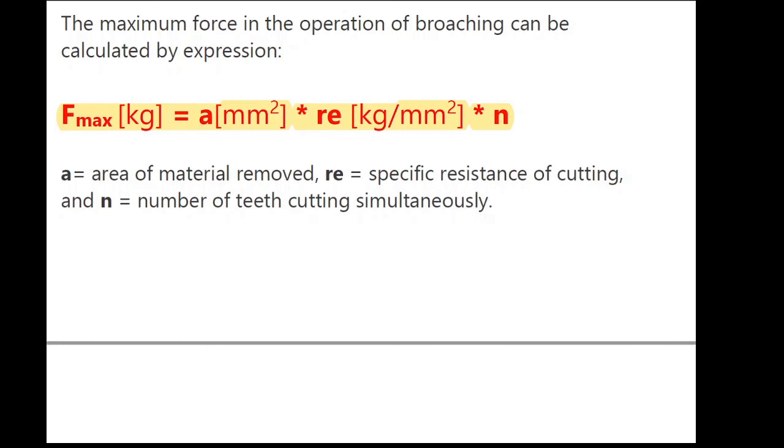The specific resistance of cutting is the force required for removing unit area of the material. It is always multiplied with the area of material removed. Once this is determined for one tooth, it is multiplied with the number of teeth required for cutting. This will give the maximum force required for the cutting operation in a broaching process.